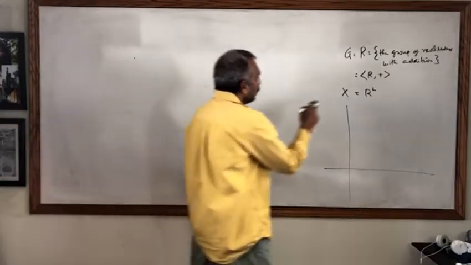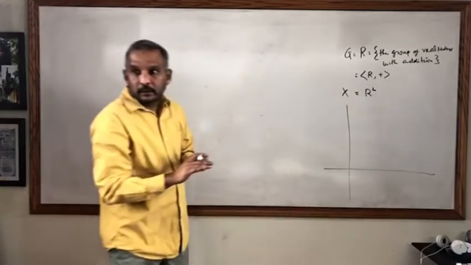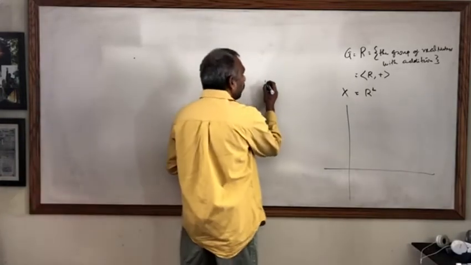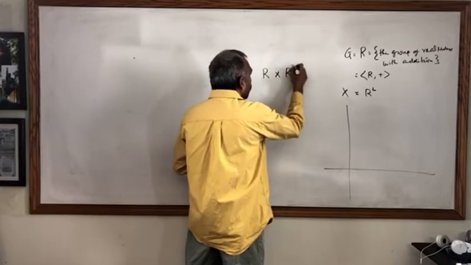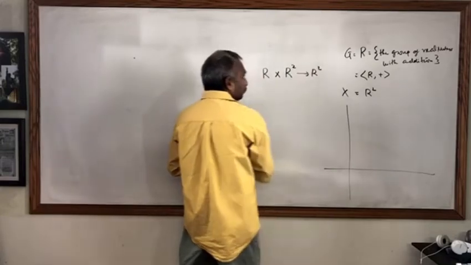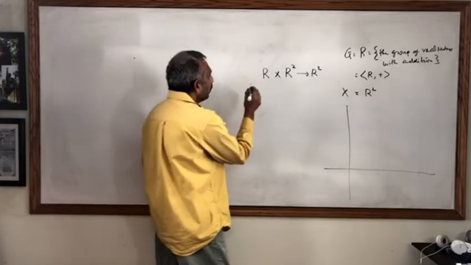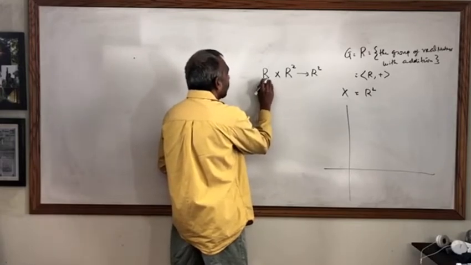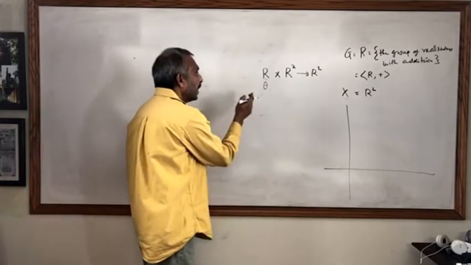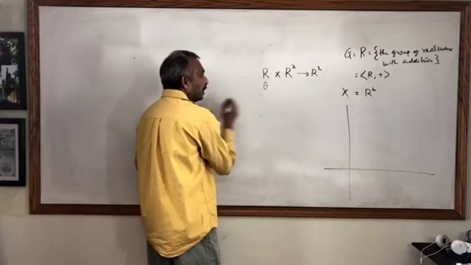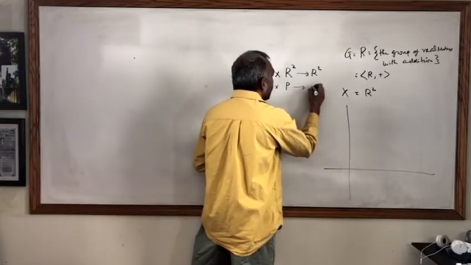So we need to define an action. So the action is going to be from R cross R square to R square. So in R we are going to assume that this is theta, any real number, and this is a point P, and that should go to another point.